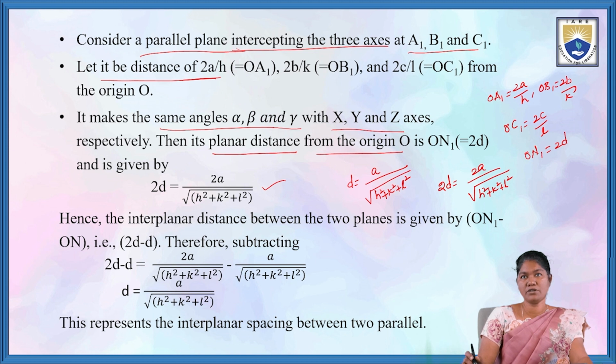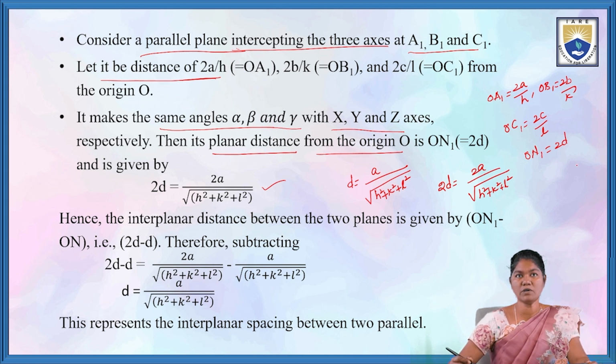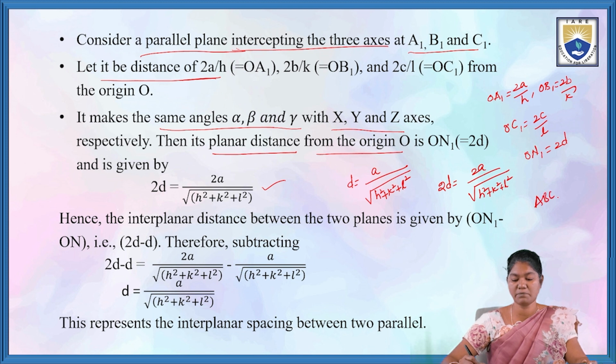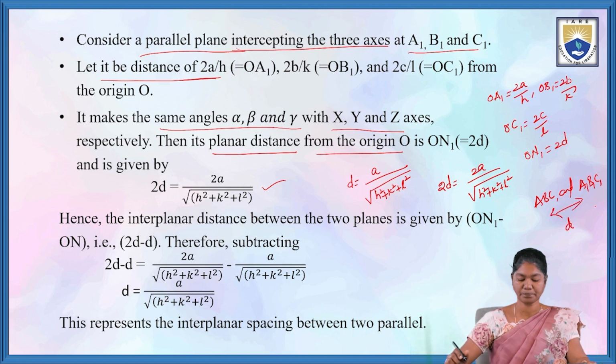So now we are going to say the interplanar distance, that is the distance between the two parallel planes, D. So we are determining the distance between the ABC plane and then A1, B1, C1.